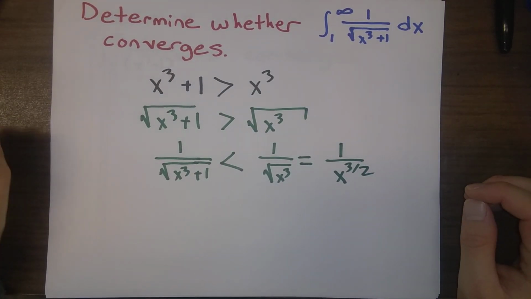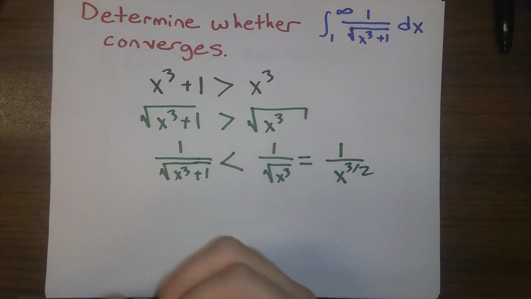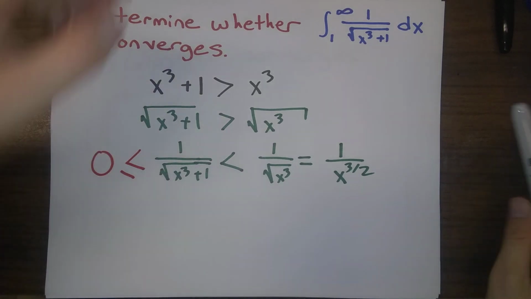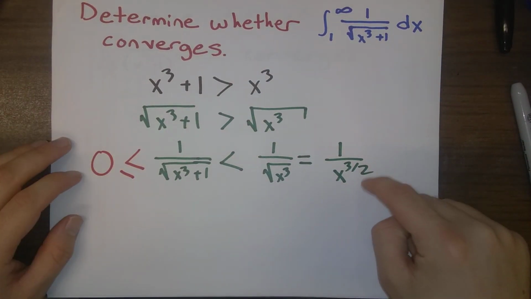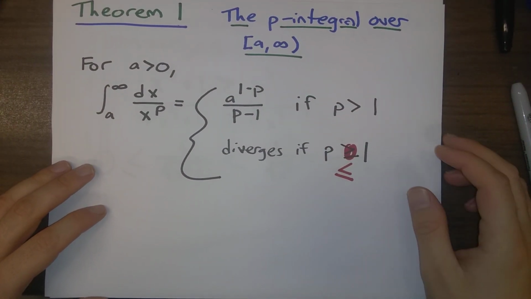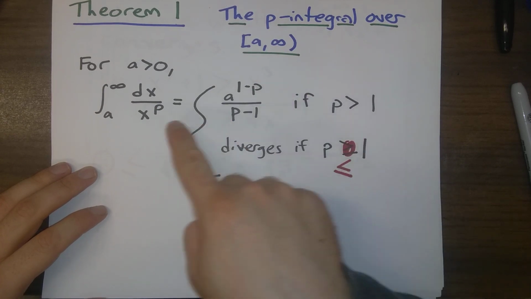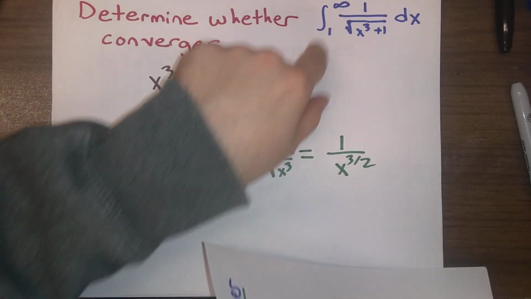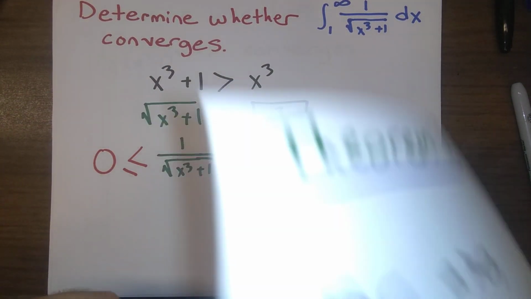Also it's worth noting that that's never 0. And what do we know from our previous work? Our previous theorem, the p integral over the interval a to infinity. This is exactly the situation that we have here.